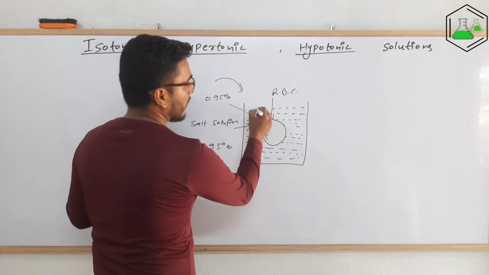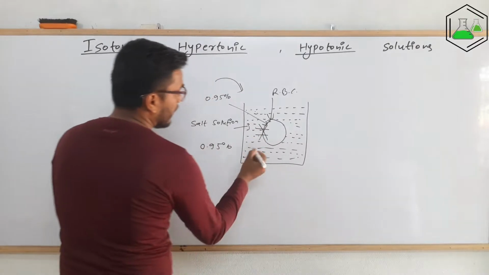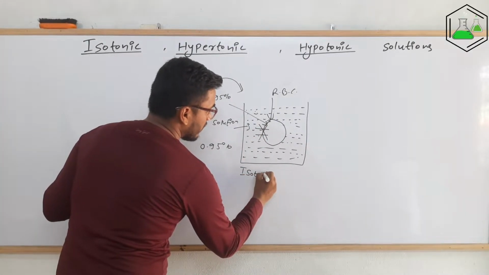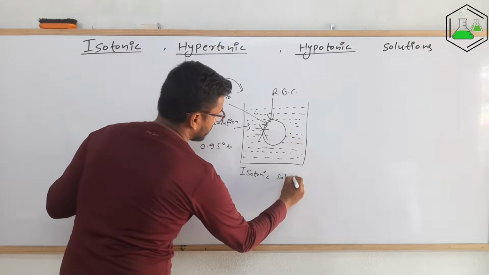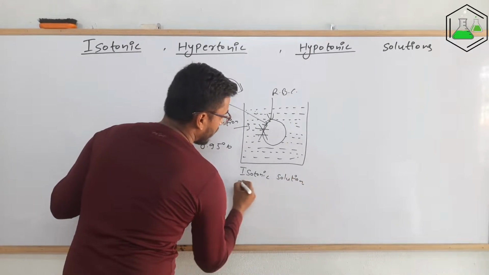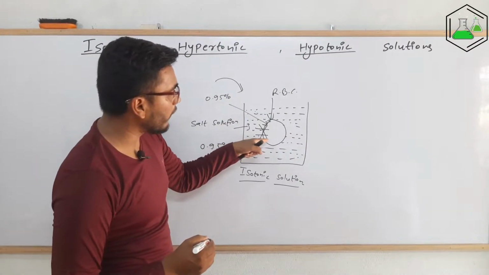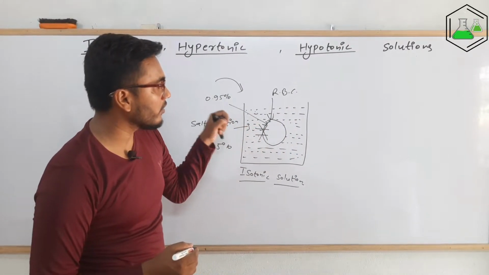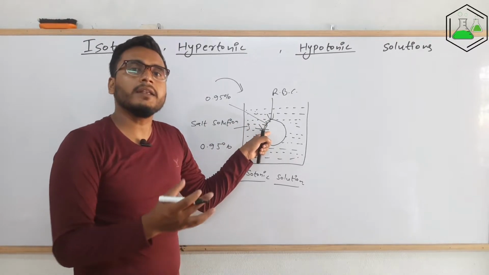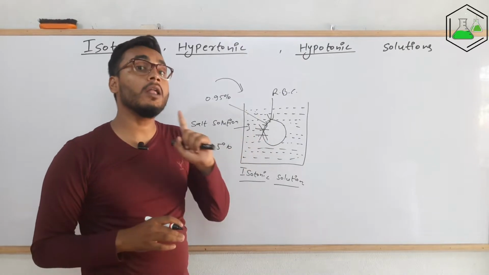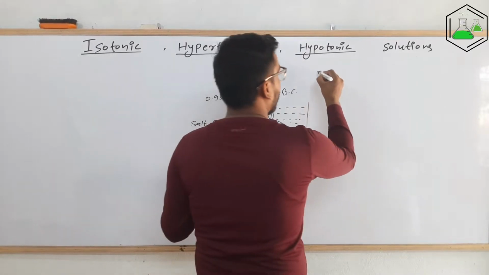This type of solution, the outside solution, is called an isotonic solution. So we can say that if the concentration of the solution outside and the concentration of the solution inside the material is equal, then the solution outside is called an isotonic solution. Let me write the definition over here.